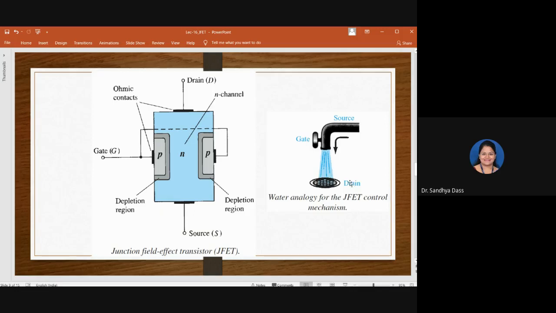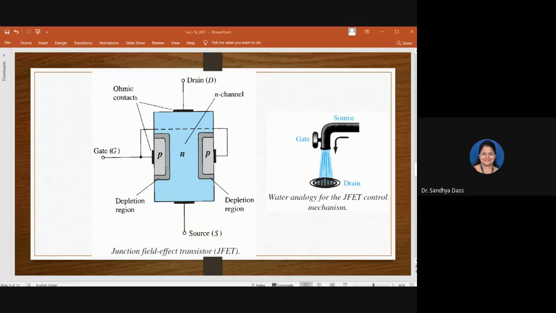So the drain current will be opposite to that. You should not get confused there. Here, the direction is indicating the flow of electrons. I hope you are able to interpret and understand.